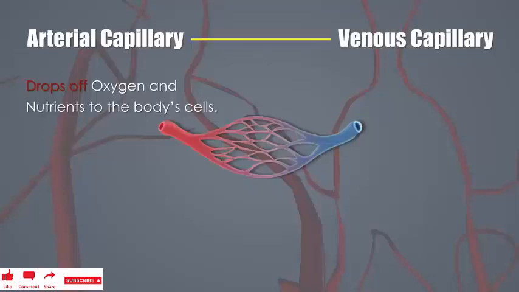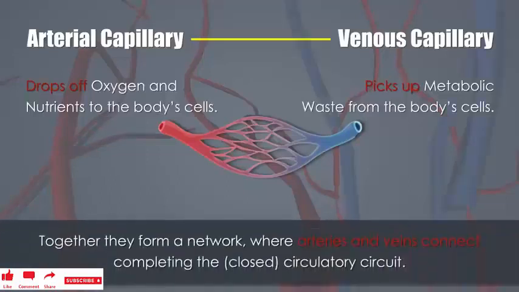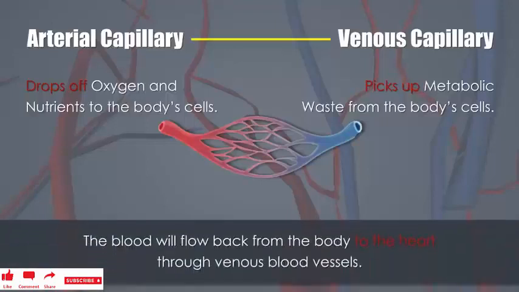The venous side of the capillaries is picking up metabolic waste from the body's cells. Together they form a network where arteries and veins connect, completing the closed circulatory circuit. The blood flow from the venous capillaries will flow back from the body to the heart through the venous blood vessels.